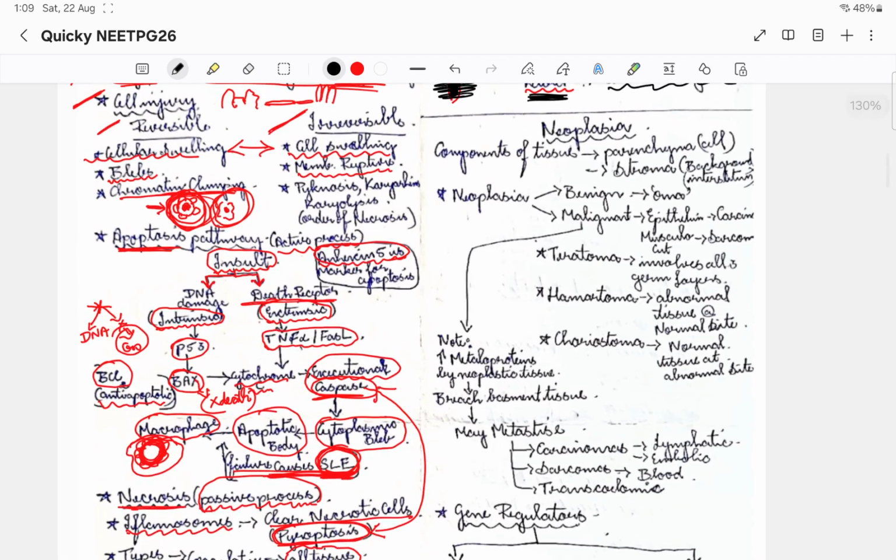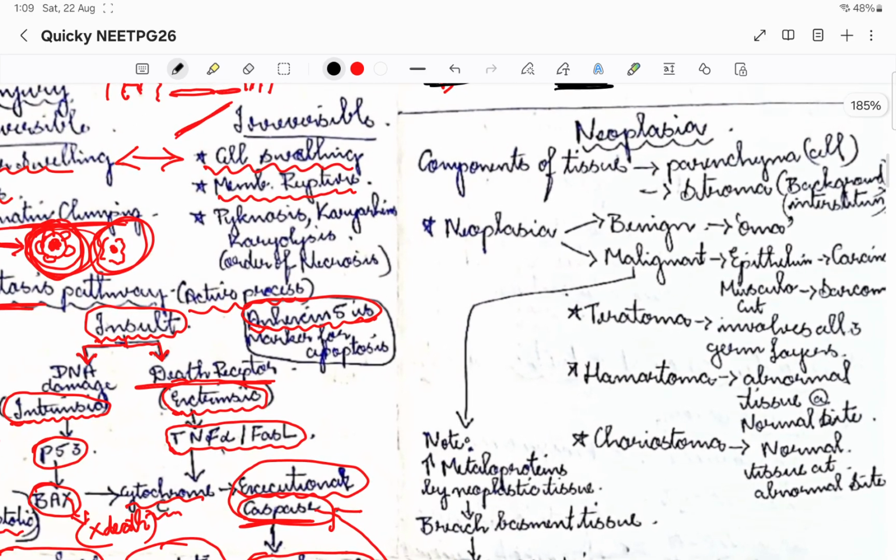Starting with neoplasia, remember that in all tissues we have two components: one is cells and the other is stroma, that is the background or the interstitium around the cells. There is one cell, there are many cells, and around them is the material called the interstitium, or the stroma.